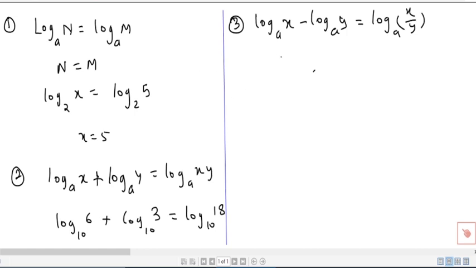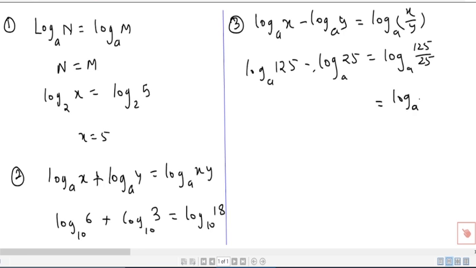Simple. So you can say that log at base a of 125 minus log at base a of 25 is equal to log at base a of 125 over 25, which is equal to log at base a of 5.